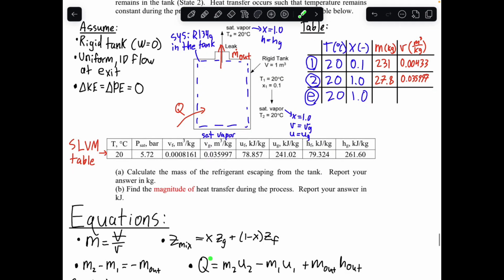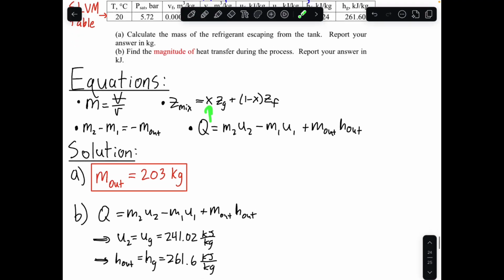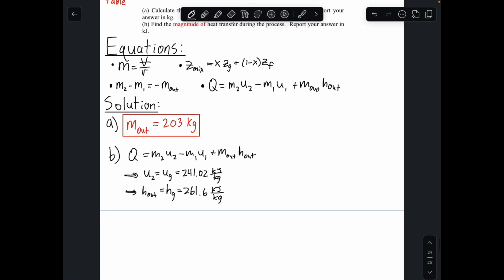So we can just plug that in here and get everything that we need. So I'll do that down here. U1 is going to be equal to X1 times Ug plus 1 minus X1 times Uf, right?